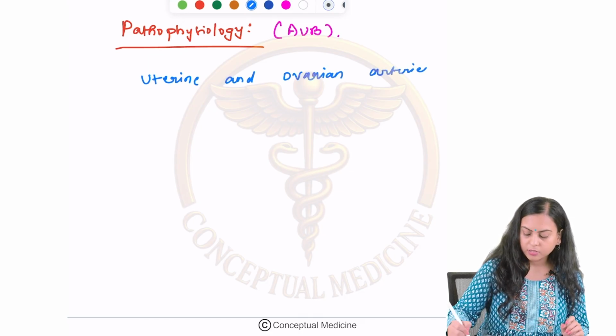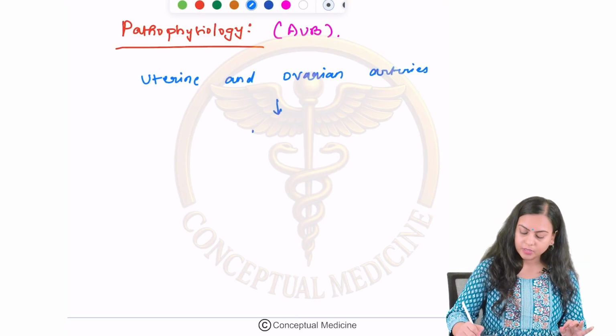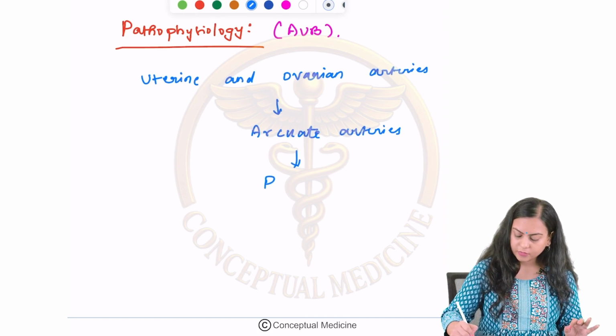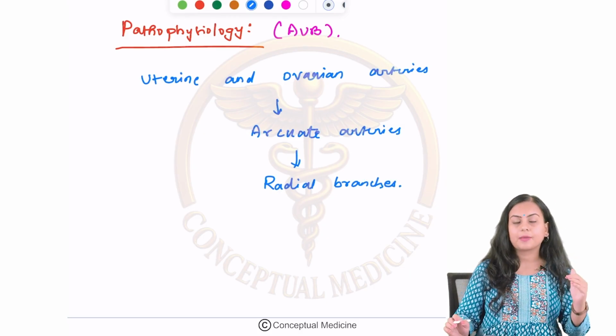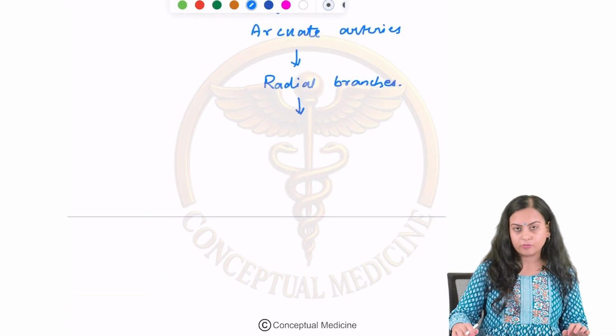Then these arteries become the arcuate arteries that will send off radial branches, which will supply blood to the two layers of the endometrium.